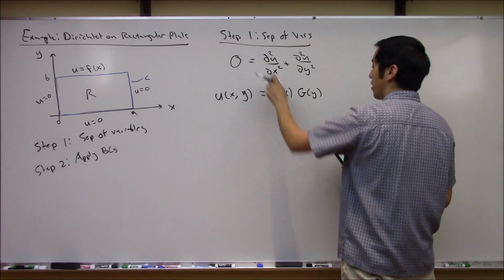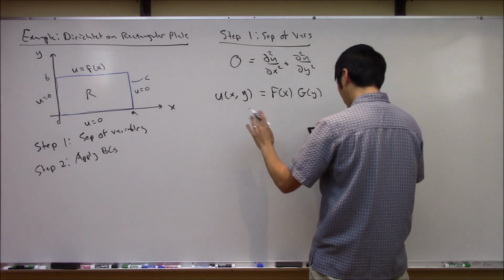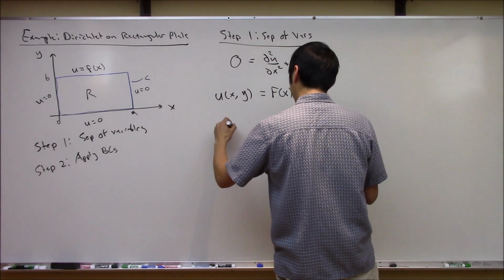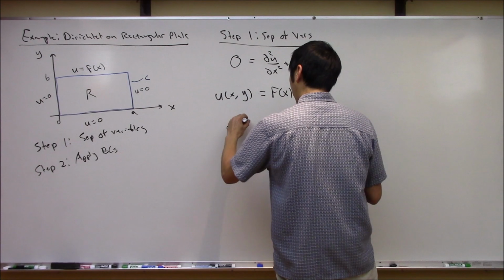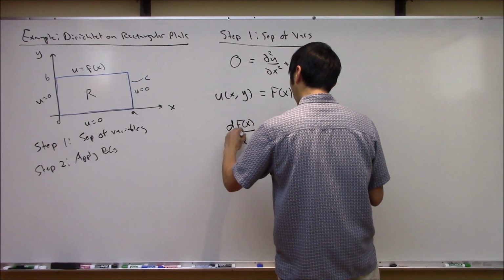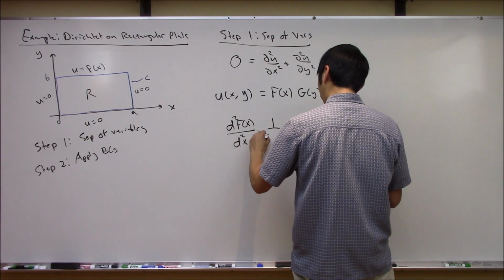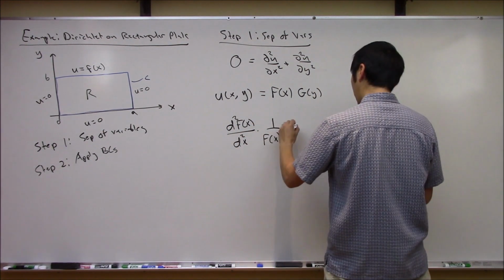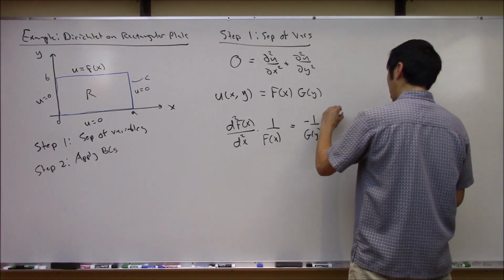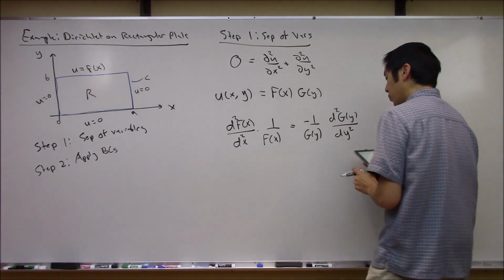Plug this in and rearrange a little bit, and we basically get d squared f of x dx squared times 1 over f of x is equal to negative 1 over g of y d squared g of y dy squared.